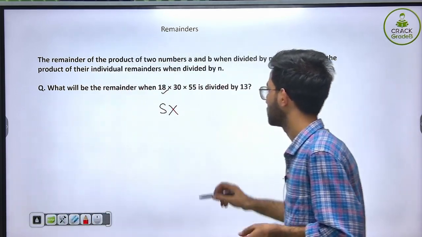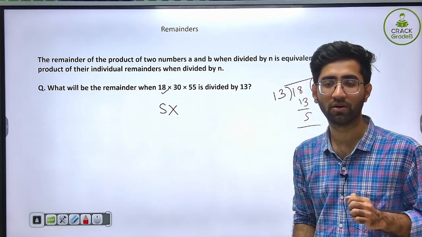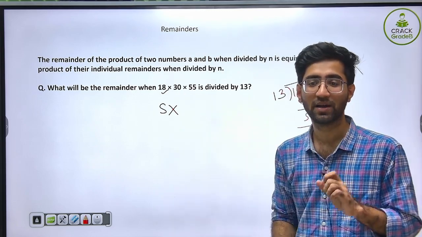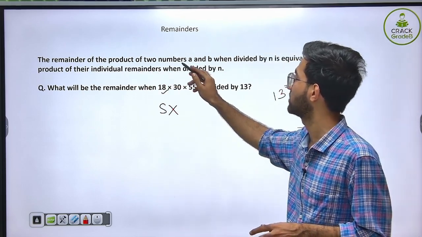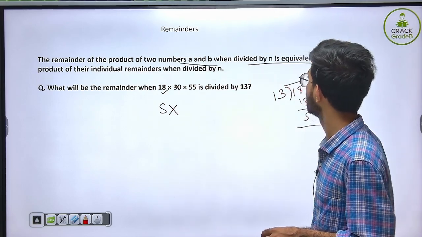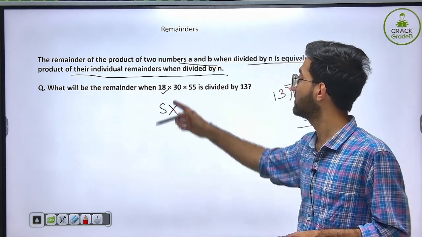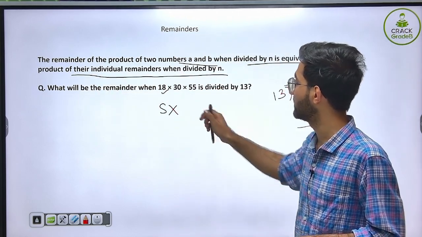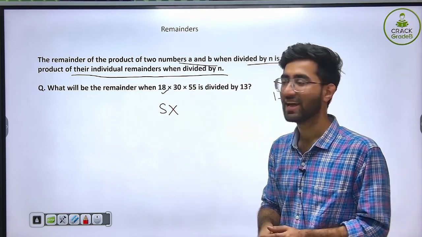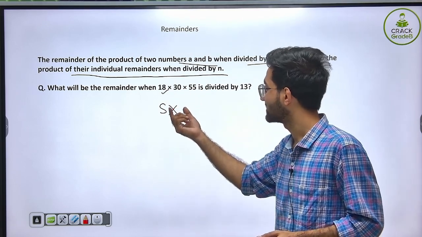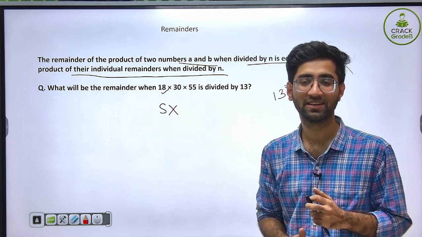Now, the signs are in multiplication form, that's why we have written multiplication here. And you can even read the theory: the remainder of the product of 2 numbers a and b when divided by n is equivalent to the product of their individual remainders when divided by n. See, we are dividing each number individually, right? And we will multiply the individual remainders, then we will solve the question, right?